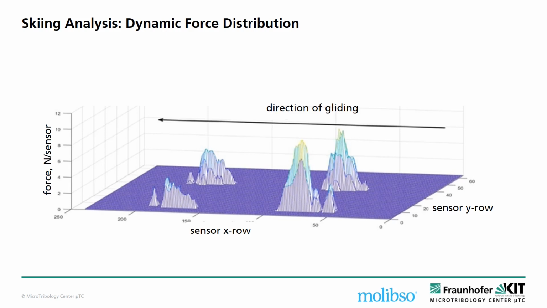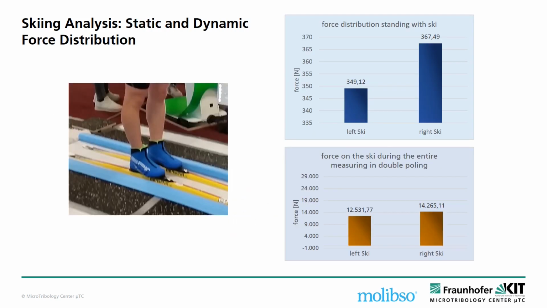So the same happens. We started with gait analysis, static, dynamic, and then we see that the whole thing comes back when the person is skiing. The numbers, the force distribution while standing, again 349 to 367, the big difference. When we measure the entire double poling cycle, we end up here.